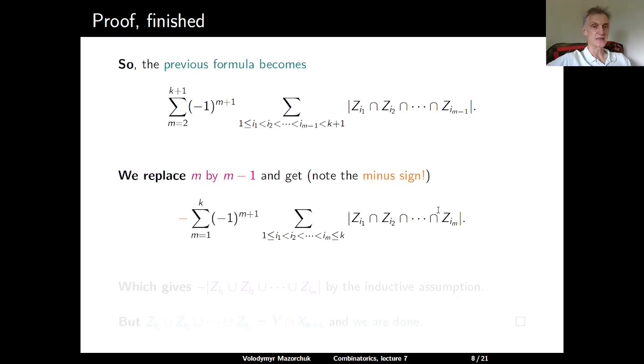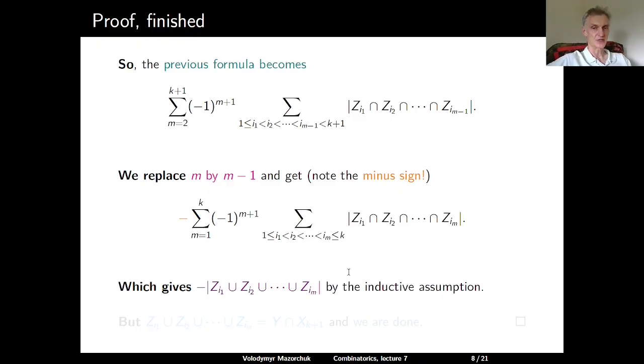Here we can replace m by m minus 1, because we intersect m minus 1 sets, and note that this means that our sign will change, so we have to move minus 1 outside of the formula. So we will get sum over all m from 1 to k, (-1) to the power m plus 1, and then the sum over all i1, i2, and so on, i sub m, and then the intersection of z sub i1, z sub i2, and so on, z sub im, and we take its cardinality.